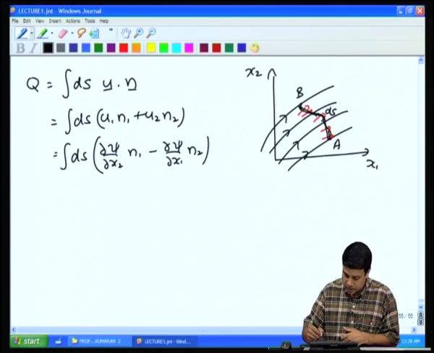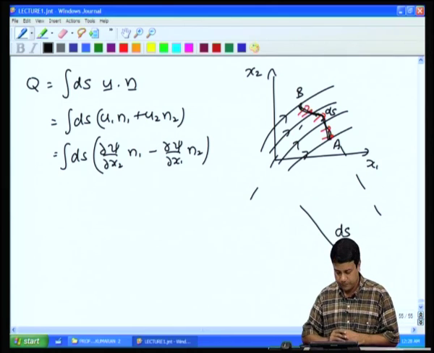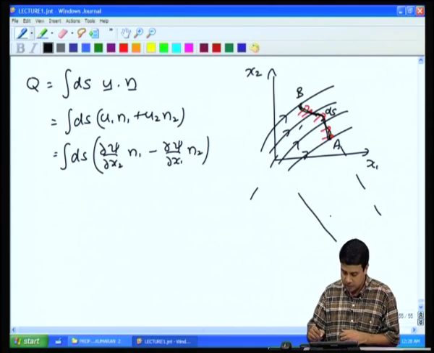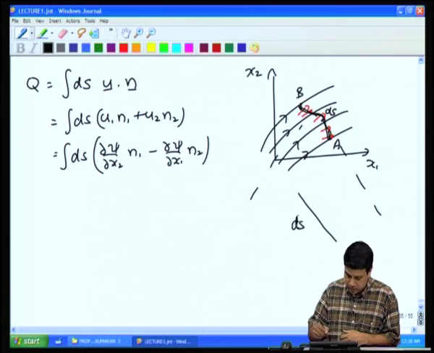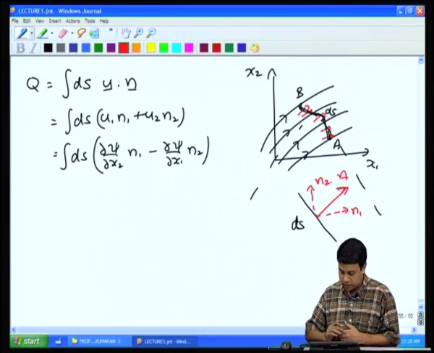Now, if I take a small differential element along this path and expand it out, this is my element ds, with unit normal n, with components n1 and n2.